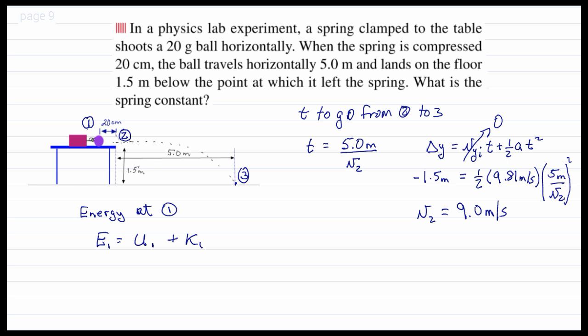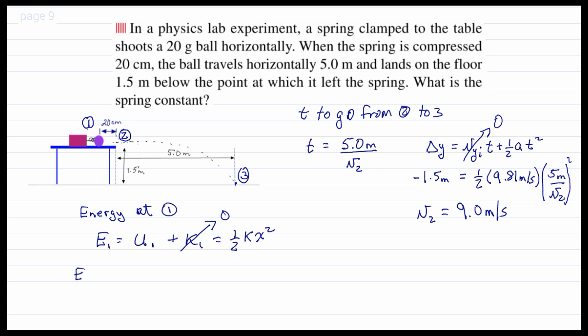And since the ball is released from rest, our kinetic energy is 0, and we just have potential, which is, in this case, not mgh, it's the potential energy stored in the spring, which is 1/2 times the spring constant times the distance it's been compressed, squared.